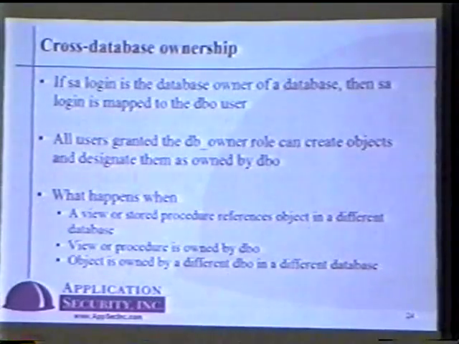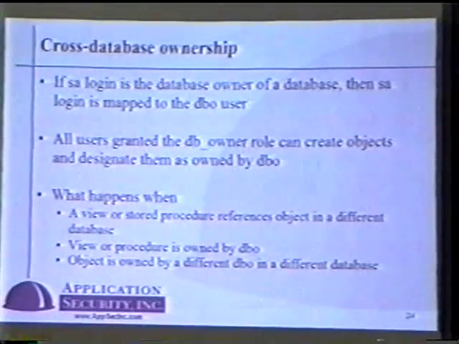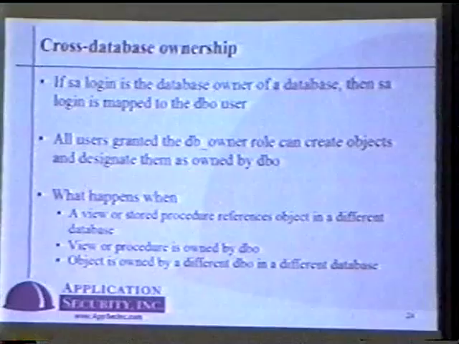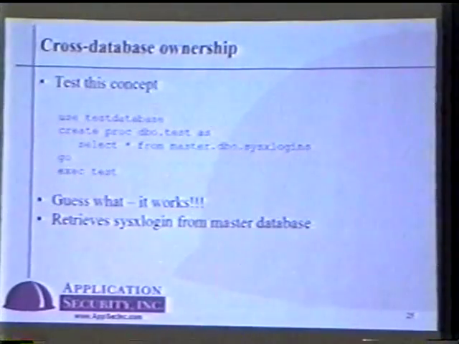But what happens if a view or stored procedure, or another object like triggers or user-defined functions, references an object in a different database, where the view or procedure is owned by dbo and the object is owned by a different dbo in a different database? Let's see an example.